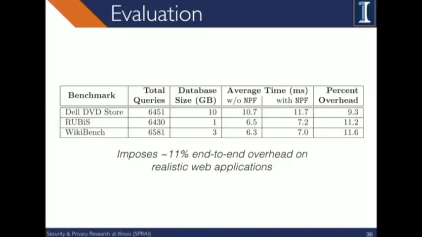And in spite of the fact that we're performing this pretty invasive interposition on these intercomponent communications, it turns out we're still able to impose a relatively modest overhead on these different web services, just 11% end-to-end overhead on these realistic workloads.